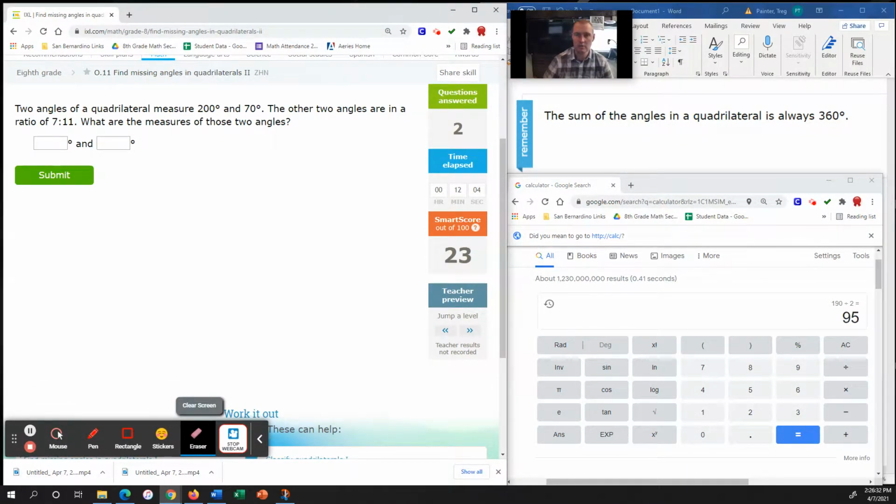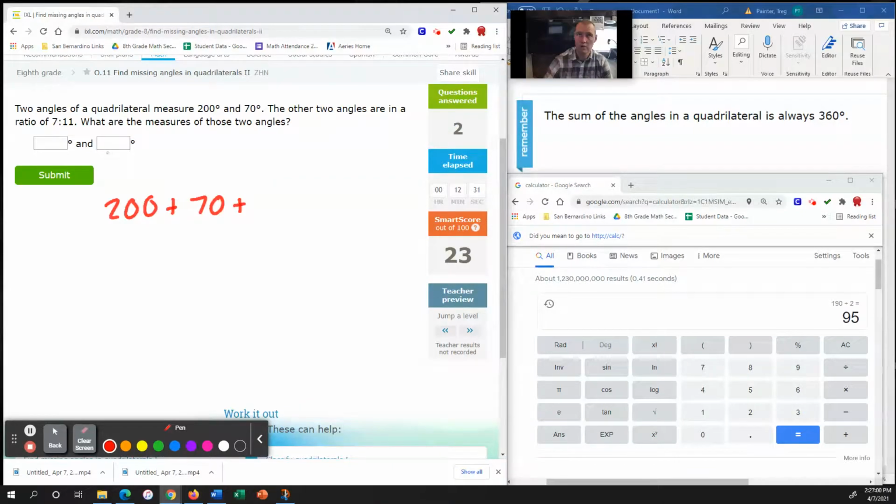All right, so let's take what we know. We're going to go ahead and take our four sides, and they do give us all four sides, but they just kind of leave out some information on the other two angles. So we know that one angle is equal to 200 degrees plus we have another angle that is 70 degrees. And because this is a quadrilateral, the angles can be anything.